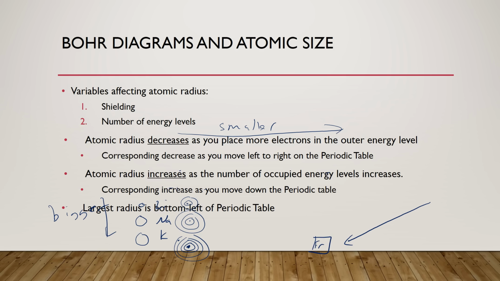Right? So in theory, based on what we're seeing right here, francium at the bottom left of your periodic table should have the biggest radius. Okay? So again, we get bigger as we go down and bigger as you go left, or you can think of it as smaller as you go up and smaller to the right. So therefore, our smallest atom, in theory, would be helium, which is at the top right.